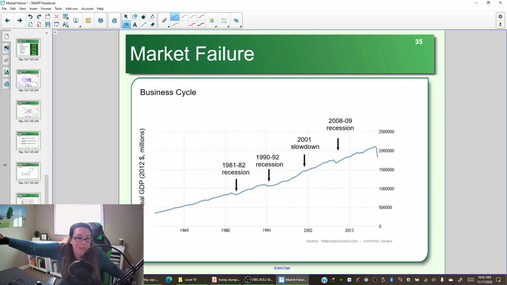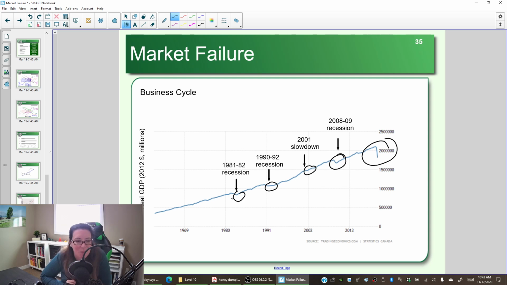Again, economic growth. Over time, we're making more and more stuff per person, which is great. Higher standard of living, access to more goods and services. Now, this does not look good. This is COVID-19 in 2020 causing a downturn, a contraction. These little blips, they don't look so bad though.